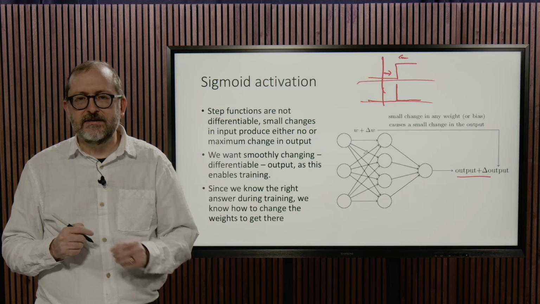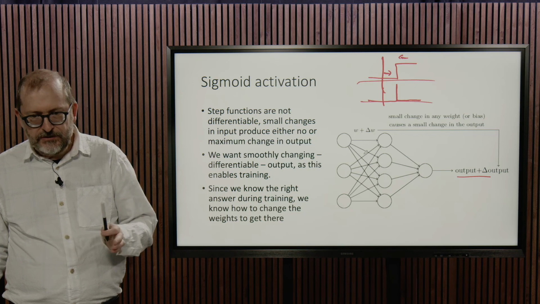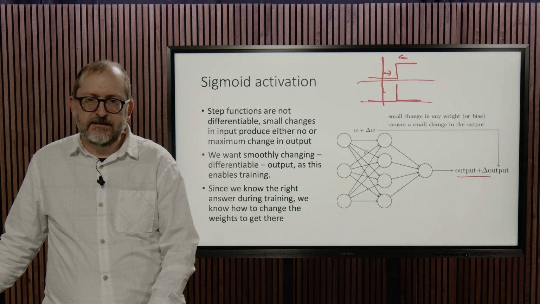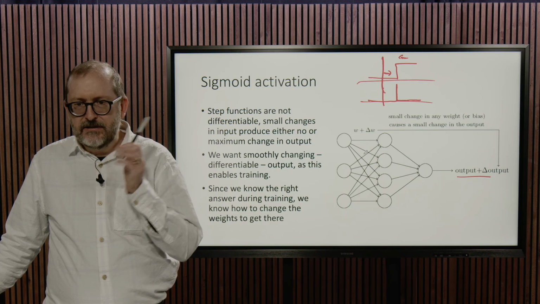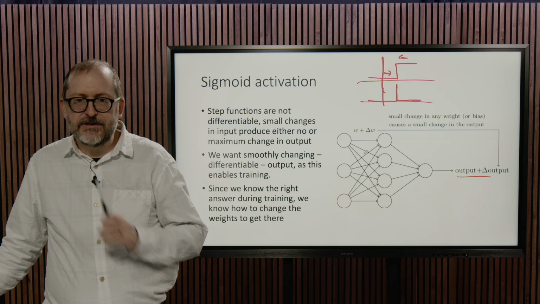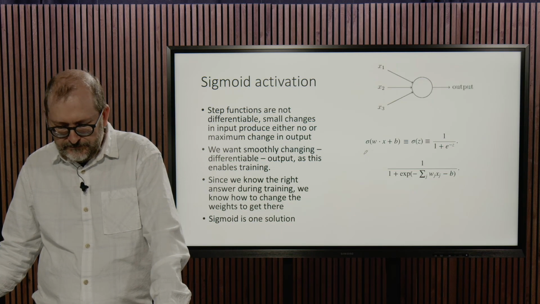That's the whole process of training. And we do that by a process called backpropagation. We're not really going to get into that in this course, but you just need to know that the activation function needs to be differentiable in order for backpropagation to work.